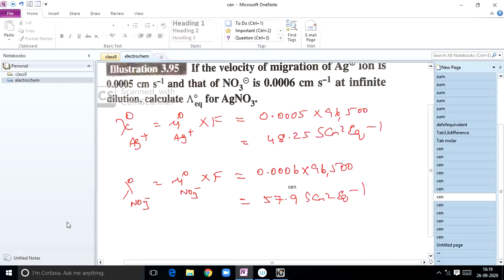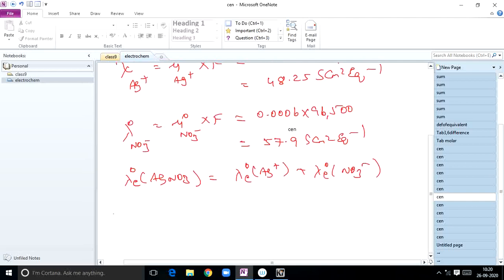So finally lambda E naught of AgNO3 can be written as lambda E naught of Ag plus plus lambda E naught of NO3 minus. So Kohlrausch law application. So substitute 48.25 plus 57.9. So finally how much you will get? 106.15 Siemens centimeter square equivalent inverse.